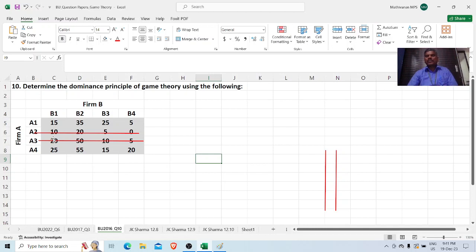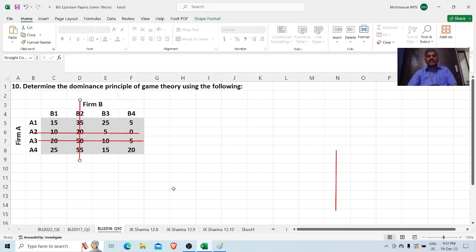With respect to firm A, they are gains, and with respect to firm B, these values are losses. When we compare strategy B1 and B2, the B2 strategy is resulting in more losses for firm B. So we will strike out that strategy because B1 is dominating B2.